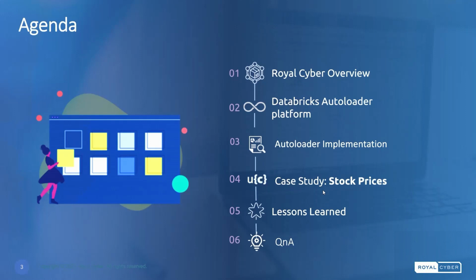Finally, we'll also present and demonstrate a real-time Autoloader case study in which we simulate stock prices in real time and calculate portfolio net present value in real time as the stock prices are being generated. Finally, we'll discuss the lessons learned in this project, and then we'll have a Q&A session.